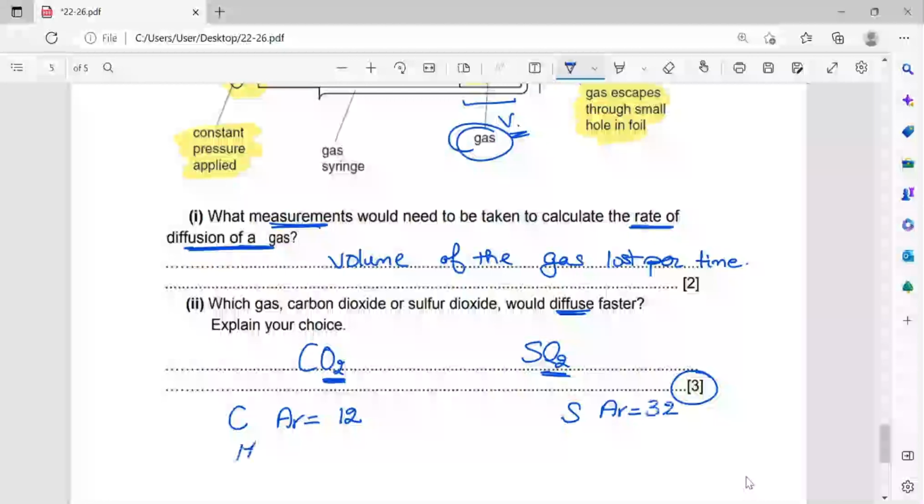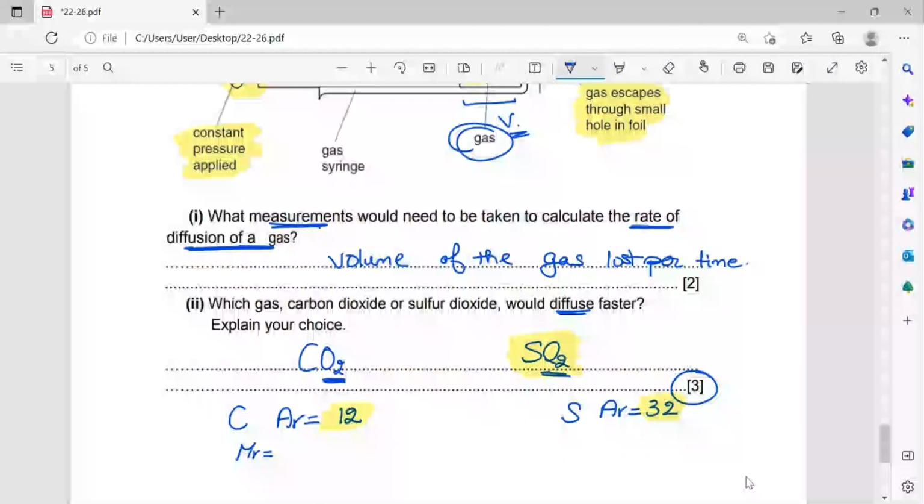So which one has a higher relative molecular mass here? Here 32, here 12. So SO2 will have a higher value of the relative molecular mass. In other words, the SO2 is heavier. So why will carbon dioxide diffuse faster?